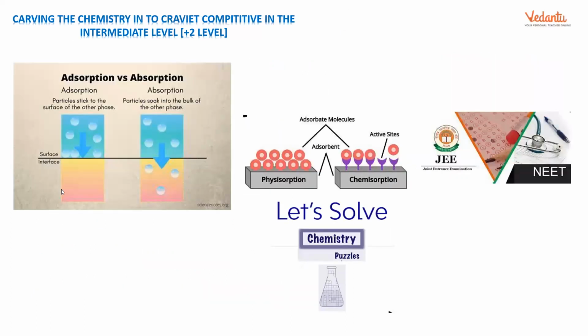Here you can clearly notice adsorption is restricted to the surface region. The particles are not entering inside, but absorption could involve the particles on the surface and even in the interface as well. So adsorption is only surface chemistry. Absorption is bulk chemistry.